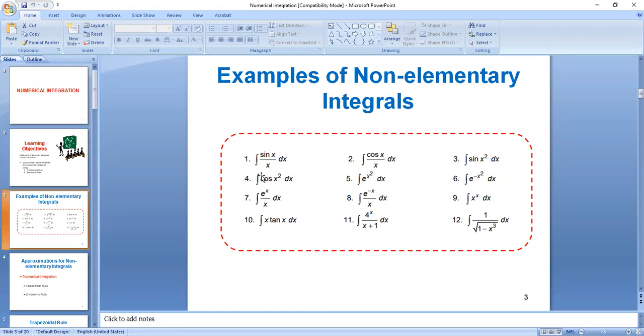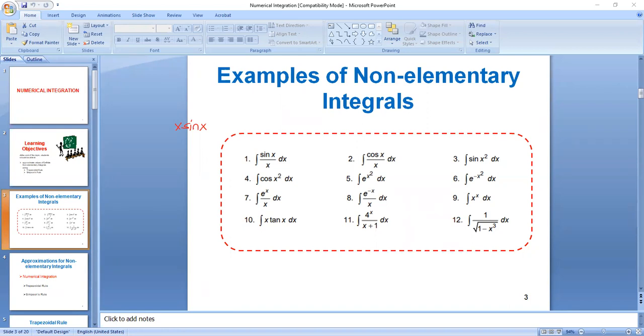If we'll have integral of x sine x, and here for the first slide, please let me know if you can see it. Then we can evaluate it by parts, if it's written like x sine x. However, in this case, it's sine x over x. So that makes it non-elementary. And no technique that was shared to you last term will work for the evaluation of this.